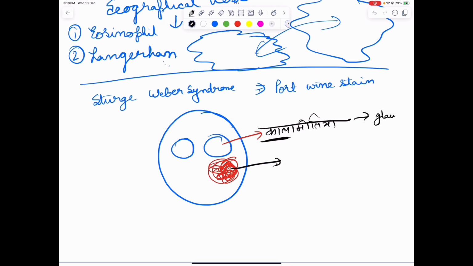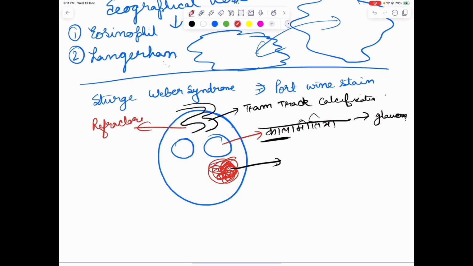Kala motia is also known as glaucoma. And then we will have tram track appearance, tram track calcification on the head, and refractory seizures. So this is all the features of Sturge-Weber syndrome.